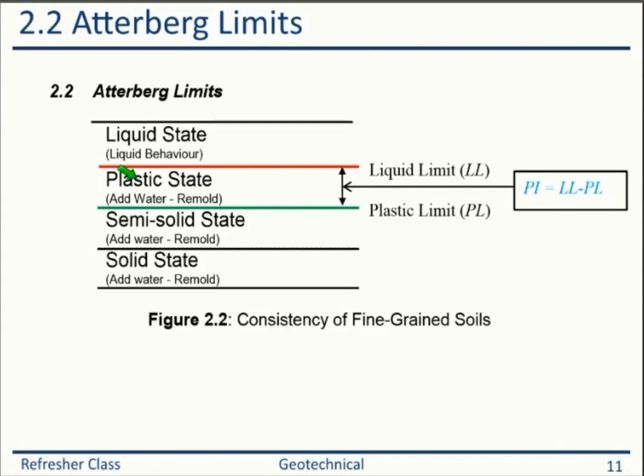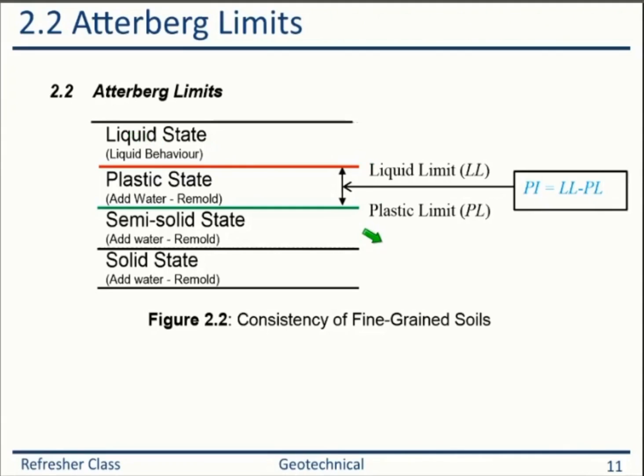Your trucks, your dozers and everything will have very difficult times, right? It's because the soil is now acting like a plastic. It's very difficult to drive through. Even if it rains more, the whole thing will be like a liquid, and it's hard to drive through the liquid. So you can see these things in the construction site itself, right? And that's why you should know this parameter very well.